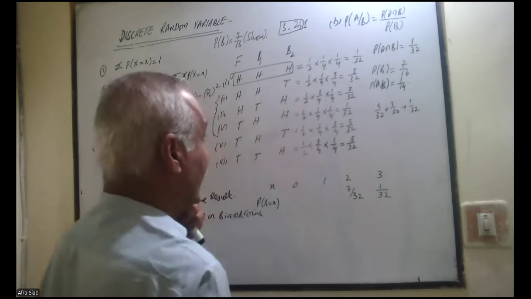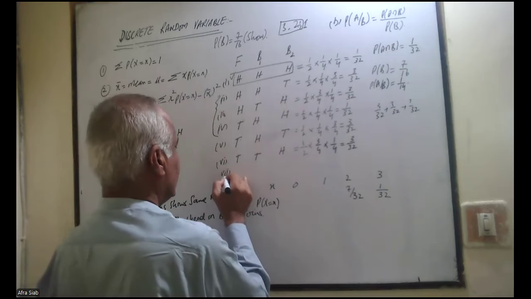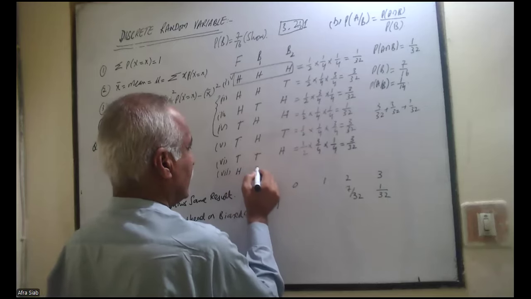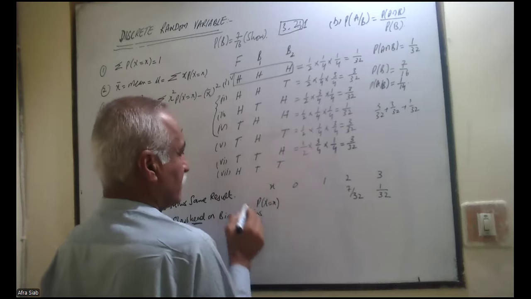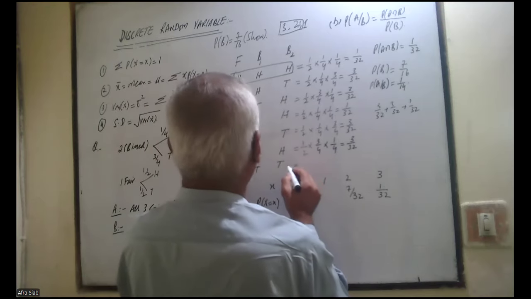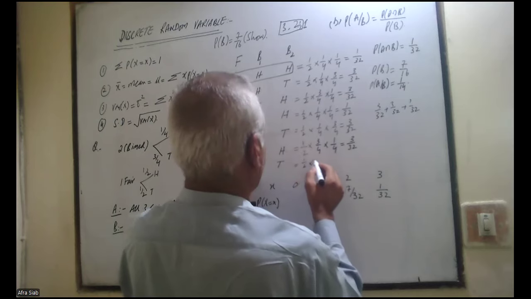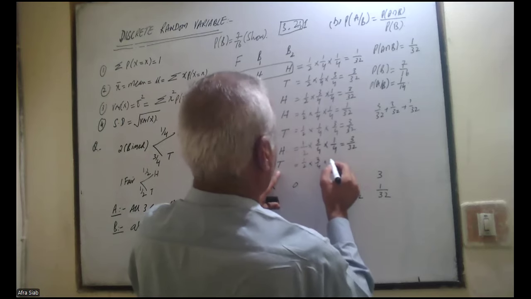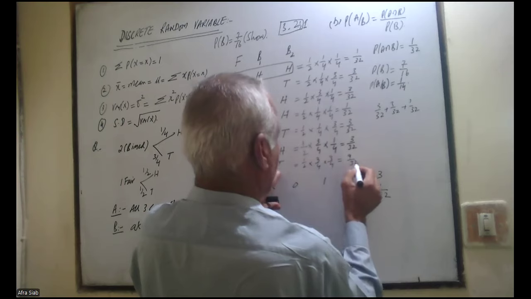Then for one head, the option left is head, tail, tail. The first head is from the fair coin, probability 1 by 2. Then tail on the biased, that is 3 by 4, and then tail on the biased, that is 3 by 4. So that is equal to 9 by 32.